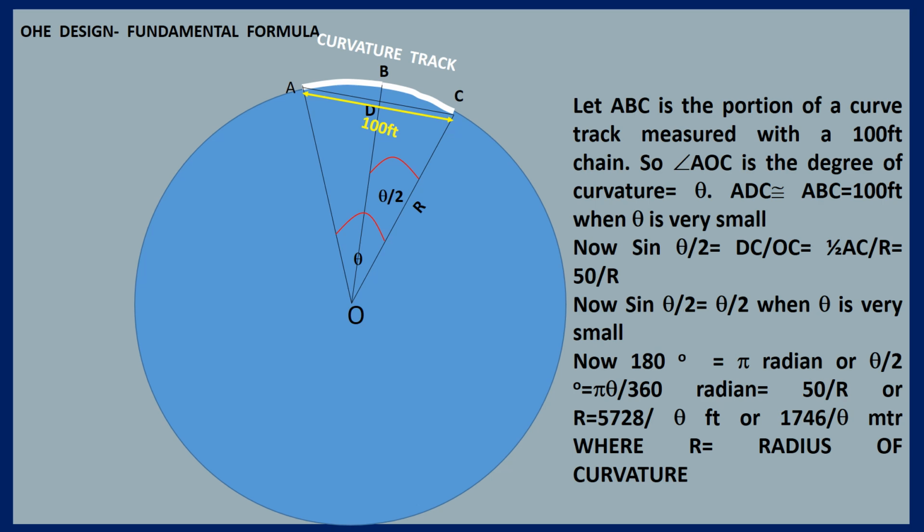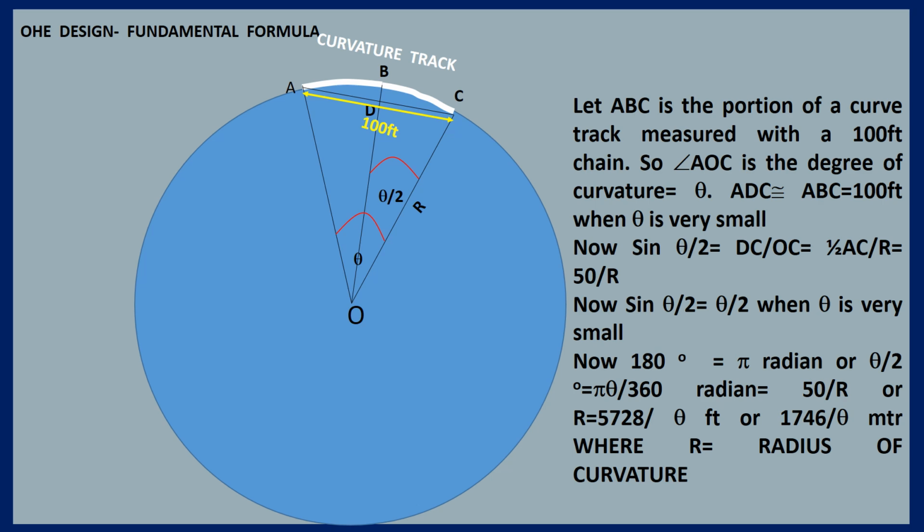Now we draw two triangles. AOC is the main triangle, and the angle AOC is called theta, and from the midpoint D of AC we draw a line up to O. So the new angle is theta by 2 on both sides of this division.